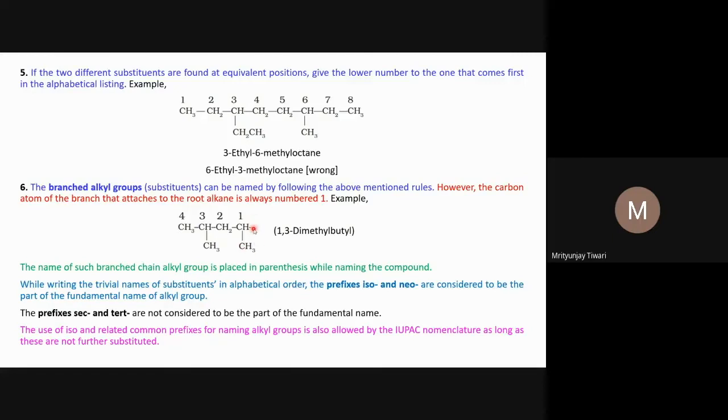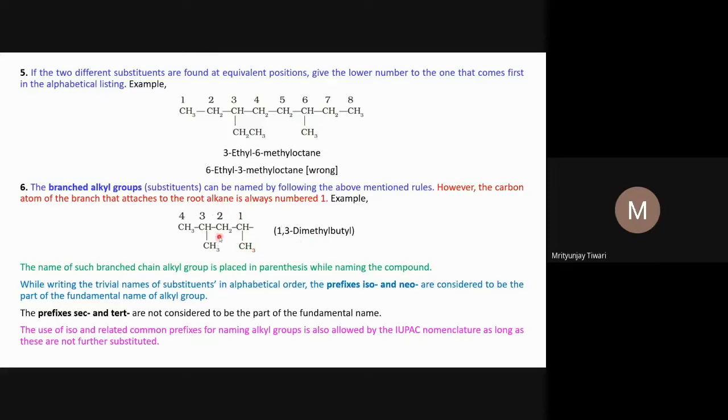But in branched alkyl groups, you can have branching even at the first position, because the first position is determined by the carbon atom which is connected to the parent chain, and there this hydrogen could have also been replaced with another alkyl group. So there would have been two methyl groups at this position, and this can even be an ethyl group, and so on. I hope you understand this point.